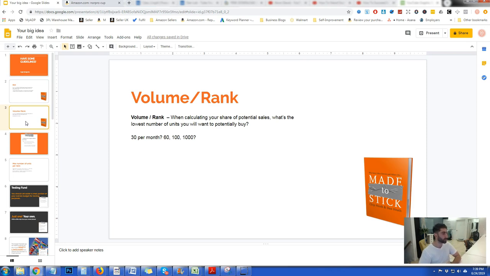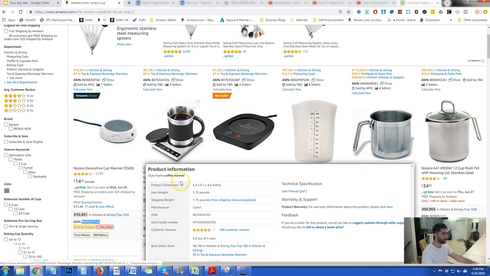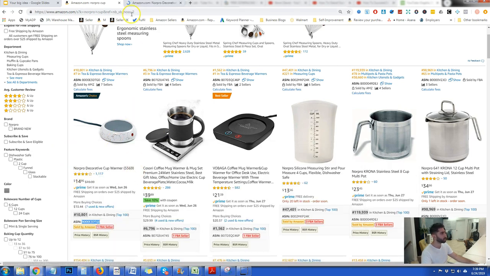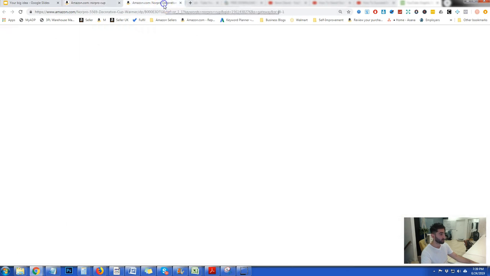So when you're calculating your share of potential sales on this specific product, what's the lowest number of units you're willing to potentially buy? So again, this comes back to the rank of an item, and again, how many competitors there are. So let's stick with our NordPro cup warmer example. And obviously the rank of this product is 10,000 in kitchen, and we'll dig deeper into that.